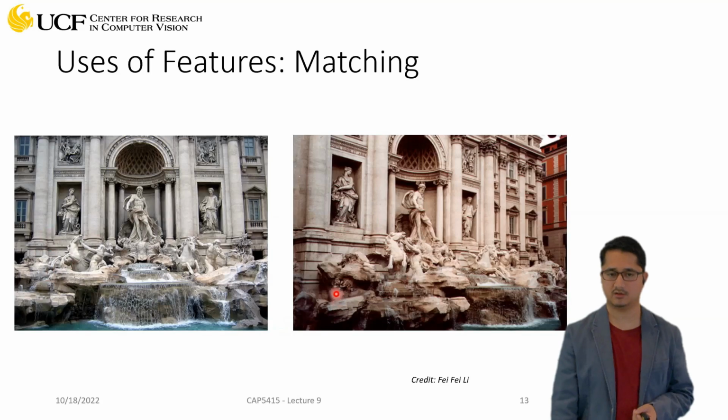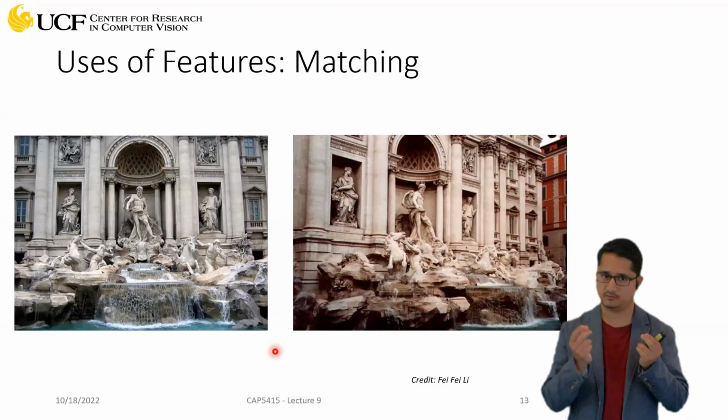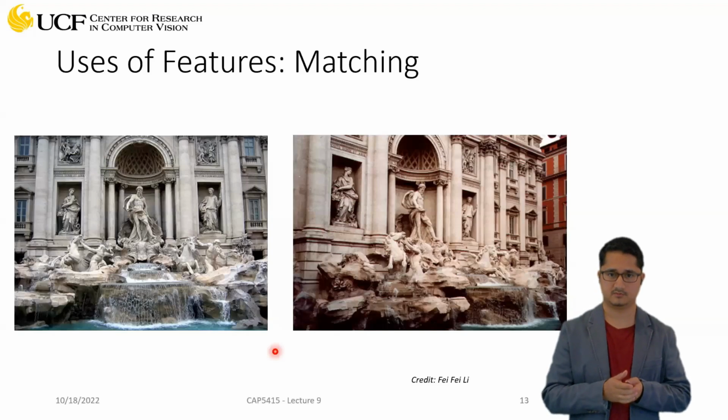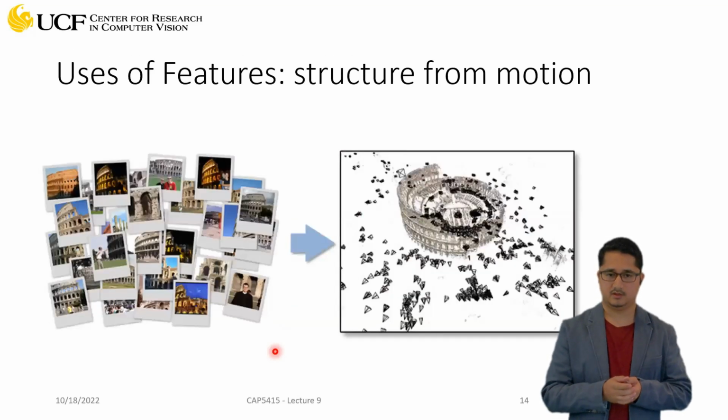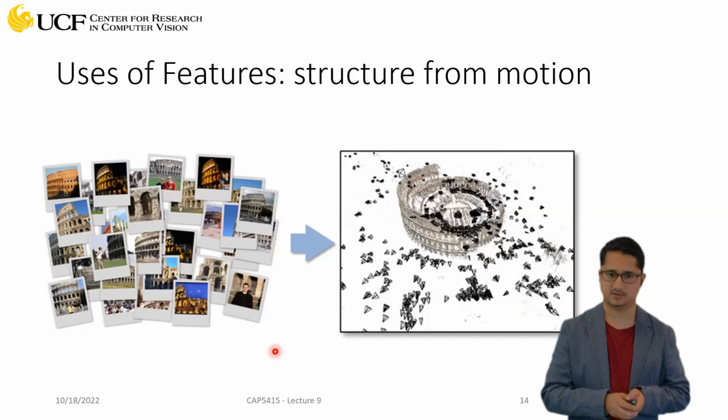But for a computer vision algorithm, it's a very challenging task. And that's why we have to extract features in a compressed format, which can save the structural information present in this image. And instead of doing pixel-wise match, we match those features.